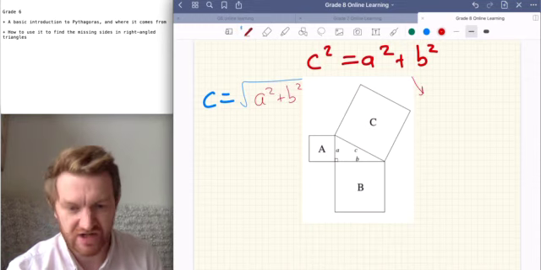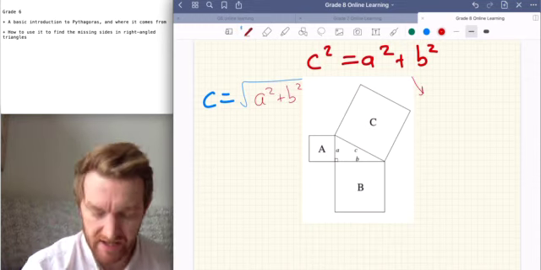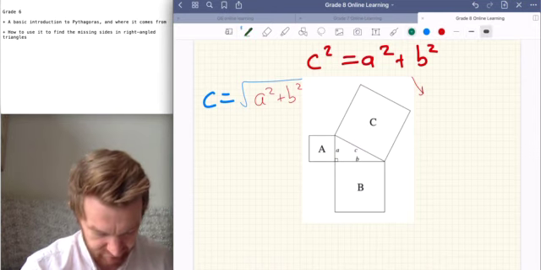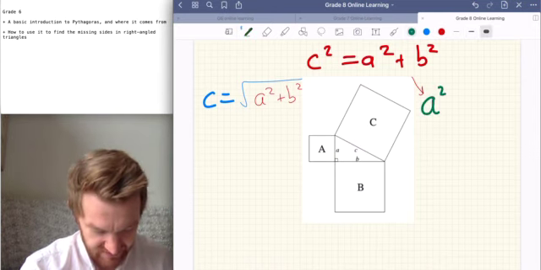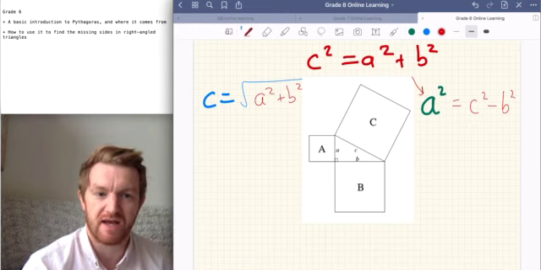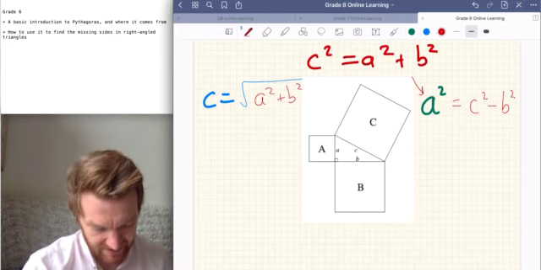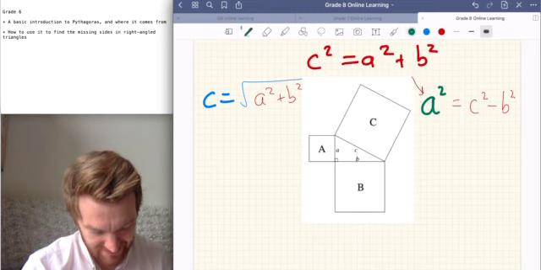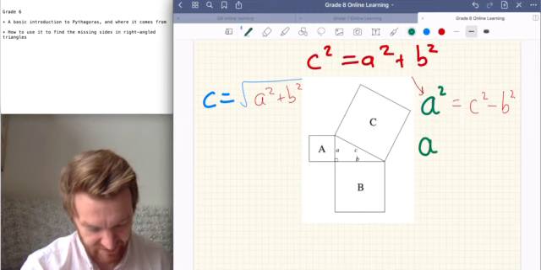But what about if we want to change this so that a squared is the subject? Well, that's going to equal c squared minus b squared. We're going to subtract b squared from both sides. And again, we can make a the subject by square rooting everything else.